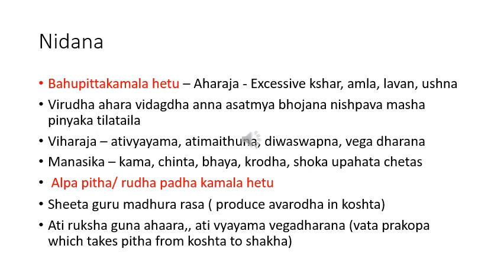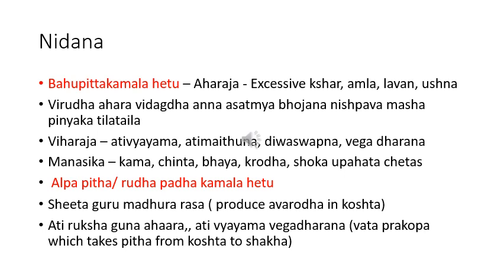Then Viharaja: Ativyayama, Atimaithuna, Divaswapna, Vegadharana, which increase Vata in general. And Manasika reasons like Kama, Chinta, Bhaya, Krodha, Shoka, Upahata Chetas. When the mind is afflicted by all these factors, it increases Pitta and vitiates Vata as well in general.